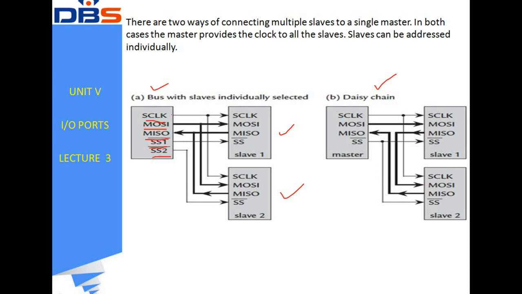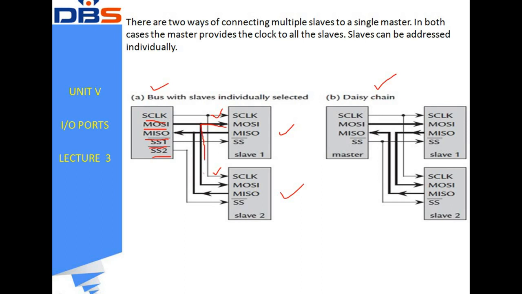See, the clock pulse from the master is given to both slave 1 as well as slave 2 from the master itself, and the data is transmitted from master out to slave in. Here we are transmitting common data for both the slaves. See here, master data is transmitted to slave 1 as well as slave 2.